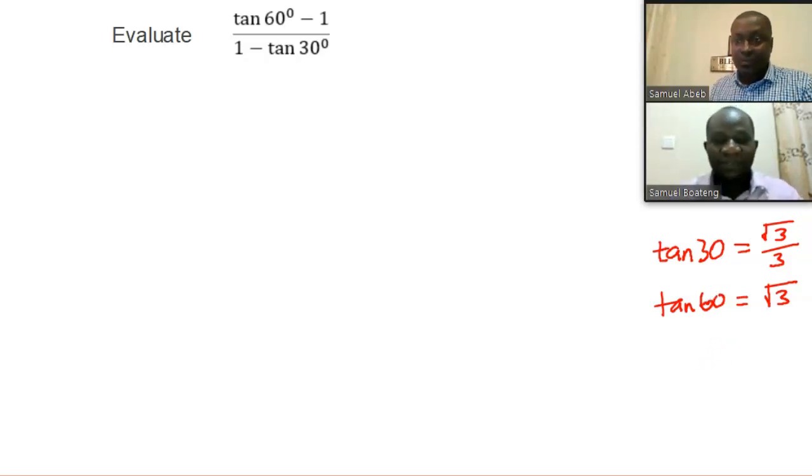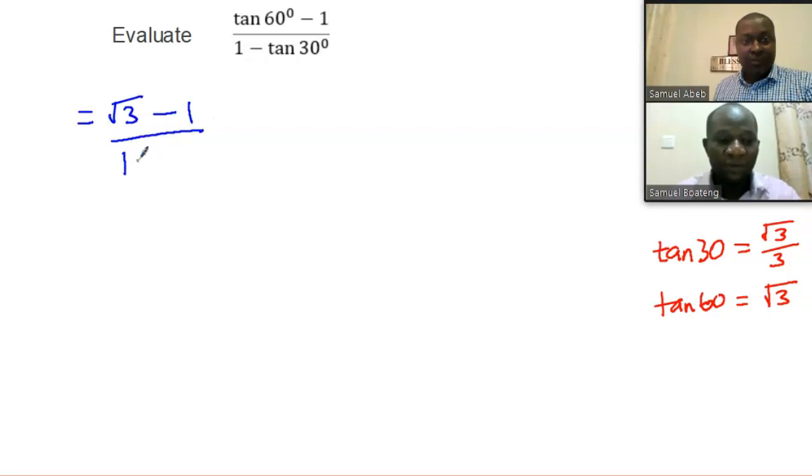So let's get back to the expression. This is equal to, in place of tan 60, we can write root 3 minus 1 over 1 minus root 3 on 3.